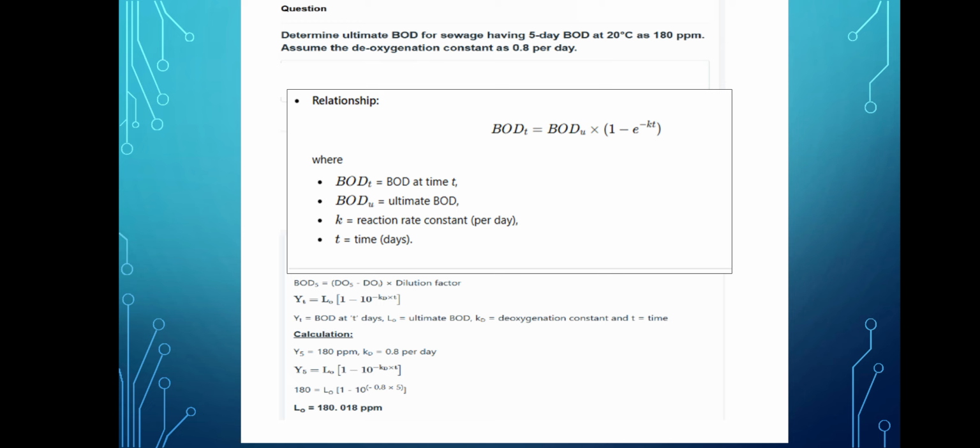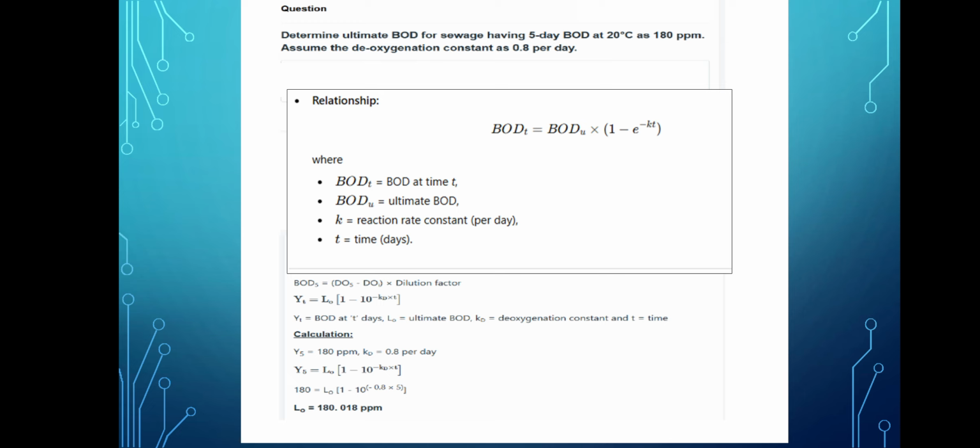The mathematical problem is: determine the ultimate BOD for sewage having 5-day BOD at 20 degrees centigrade as 180 ppm. Assume the deoxygenation constant as 0.8 per day.